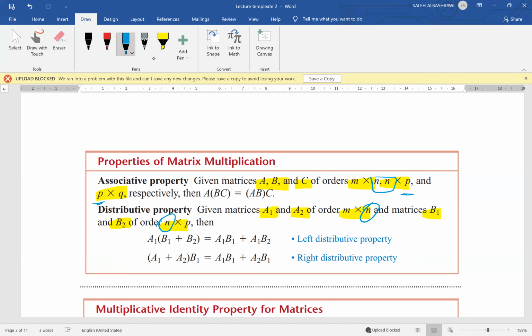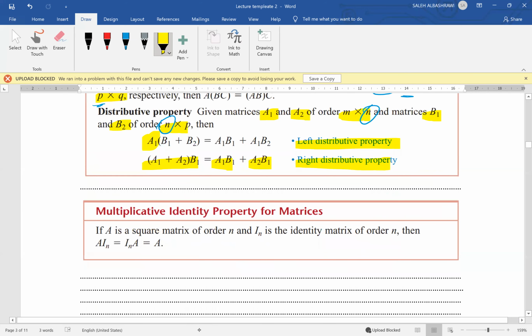We can distribute the matrix outside the bracket to be multiplied by each one of the matrices inside the bracket. Same thing if we have (A1 plus A2) B1 equal to A1 B1 plus A2 B1. We have left distributive and right distributive properties. Left because the matrix is outside the bracket from the left, and right because the matrix B1 is outside the bracket from the right.